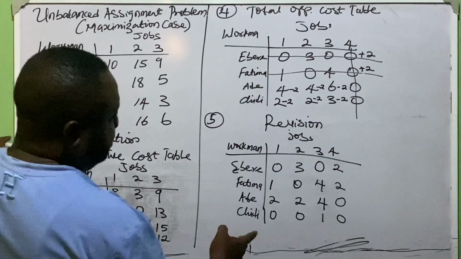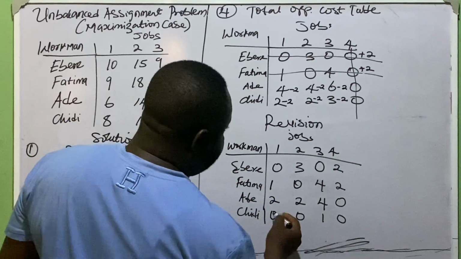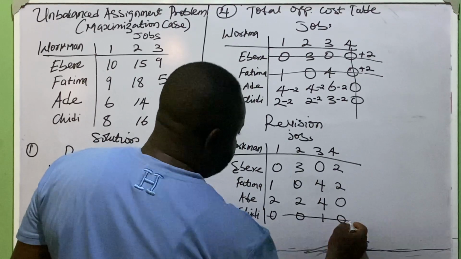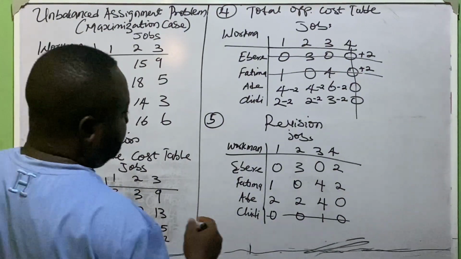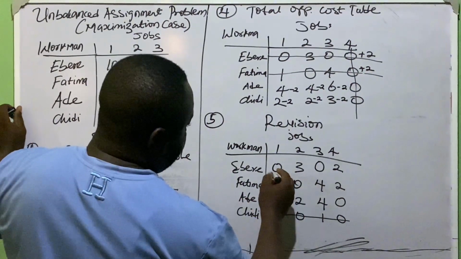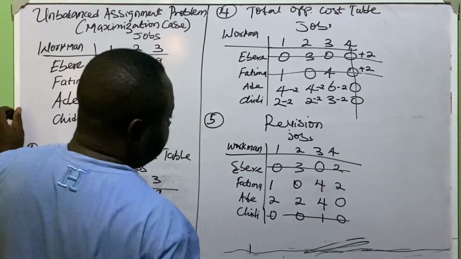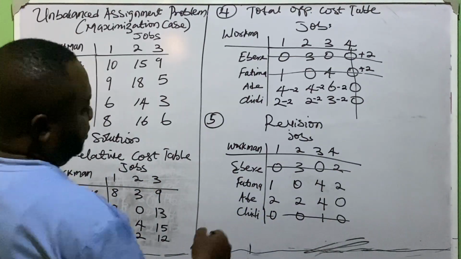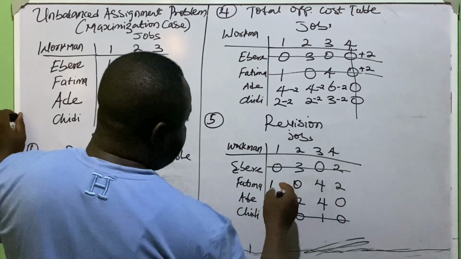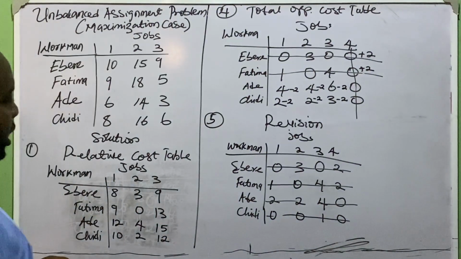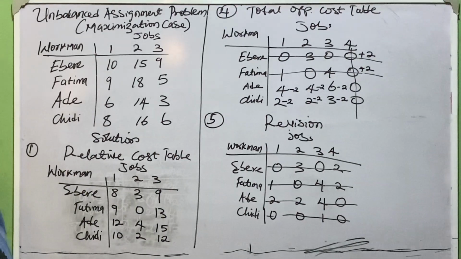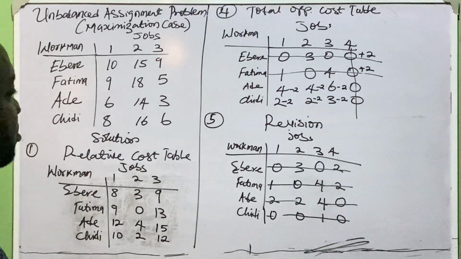So we'll link these zeros first. Then we'll link this 0. And this 0 will be alone, so I'm going to link it too. So I have 4 lines covering the zeros, which means that we can attain optimality with this. So the next will be to make our assignment proper.